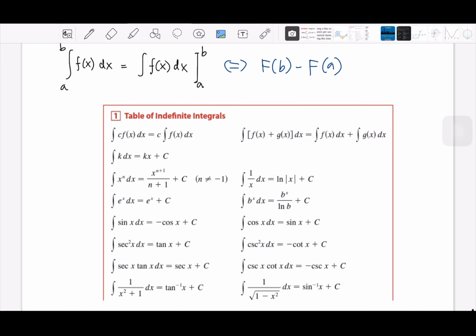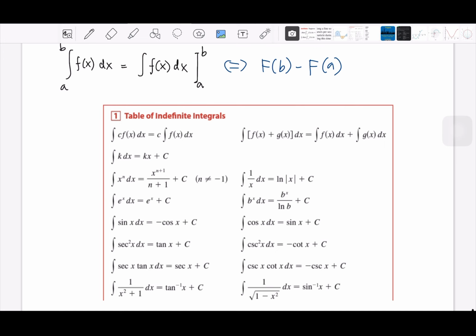And cosecant and cosecant cotangent are not really that important, as long as you know the sine and cosine. Yeah, I think that will be the key. And also for 1 over x, don't forget your ln has the absolute value.